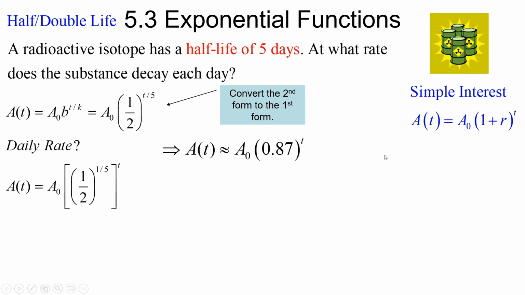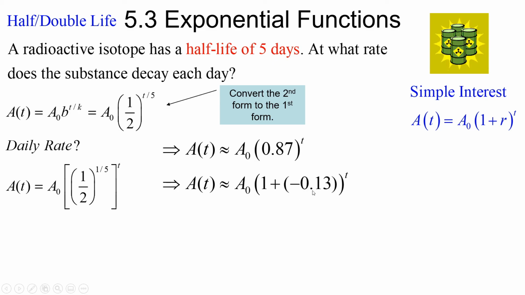So can I see at what rate the substance decays each day? Well, it looks to me like I'm decaying at 13%, but if you don't see it in this form, let's rewrite this 0.87 as 1 plus r. So A sub 0 times 1 plus, and I need 0.87, so that'd be negative 0.13.